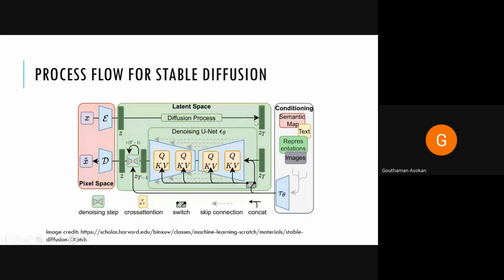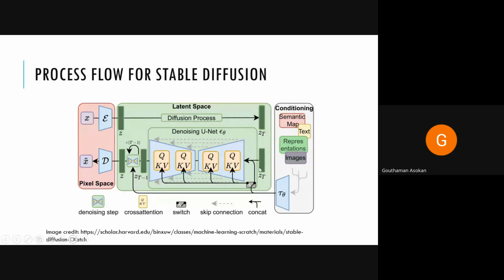Once we have this noised image, we try to make the reverse diffusion process, where we have the noise and we try to get back to the original denoised, not image actually, this is the latent space. So this is the process here.